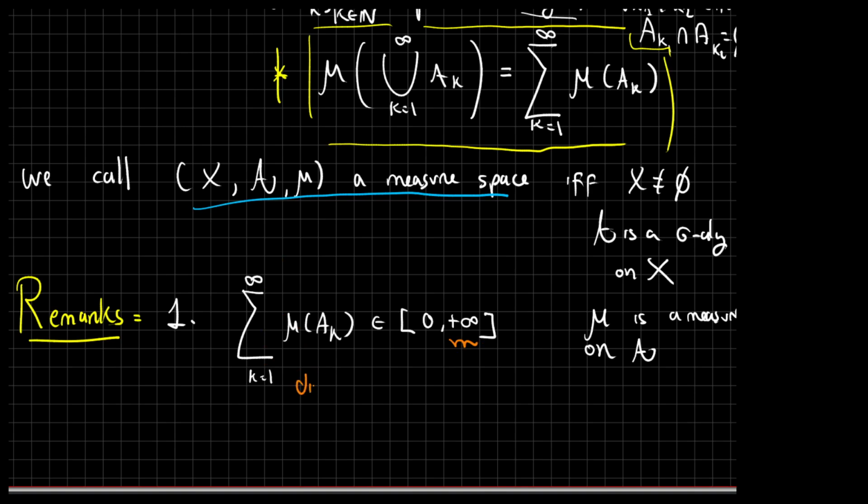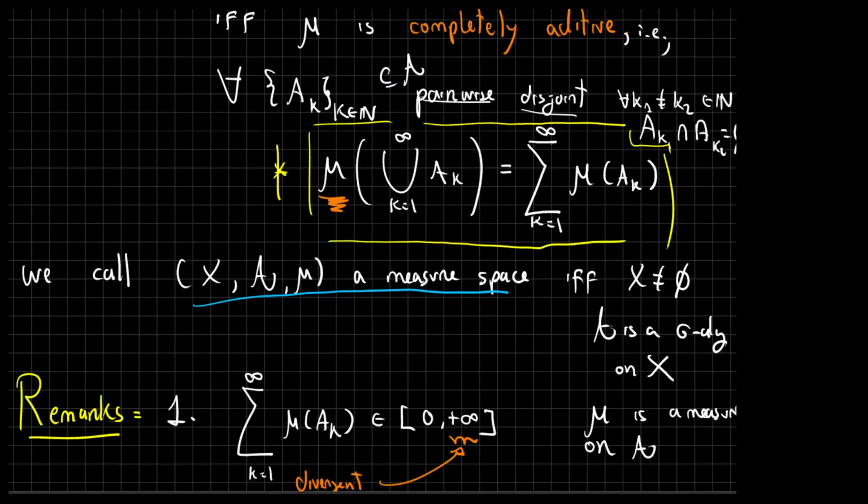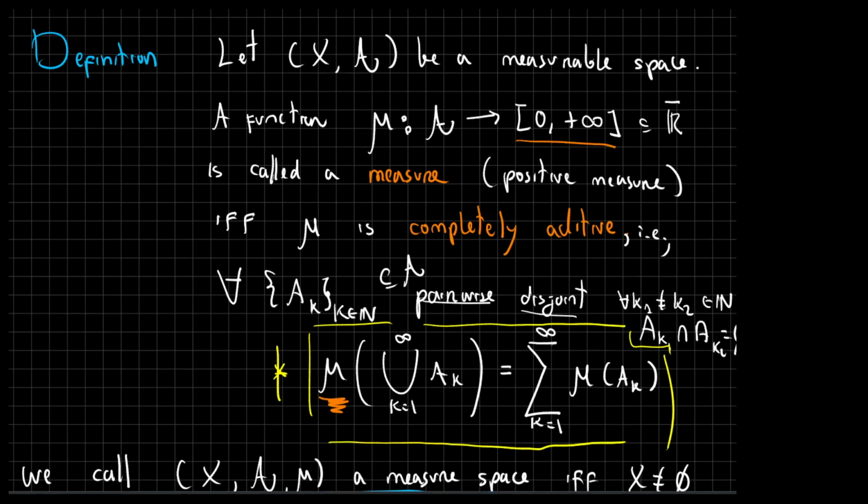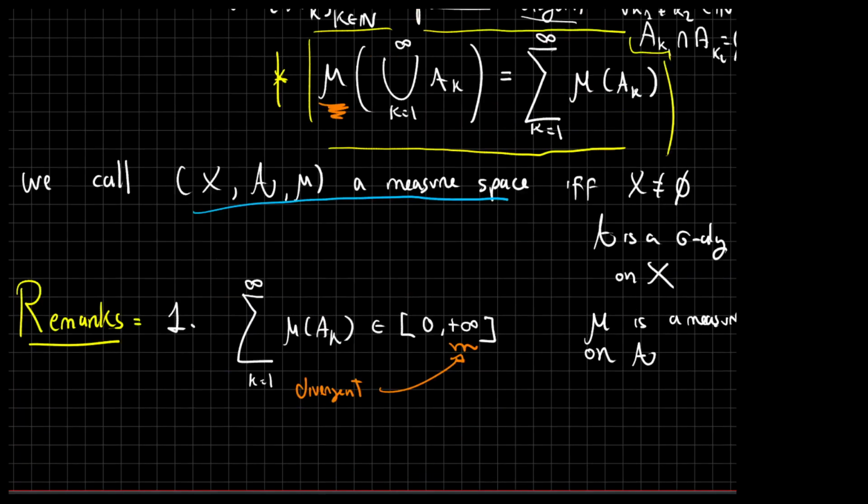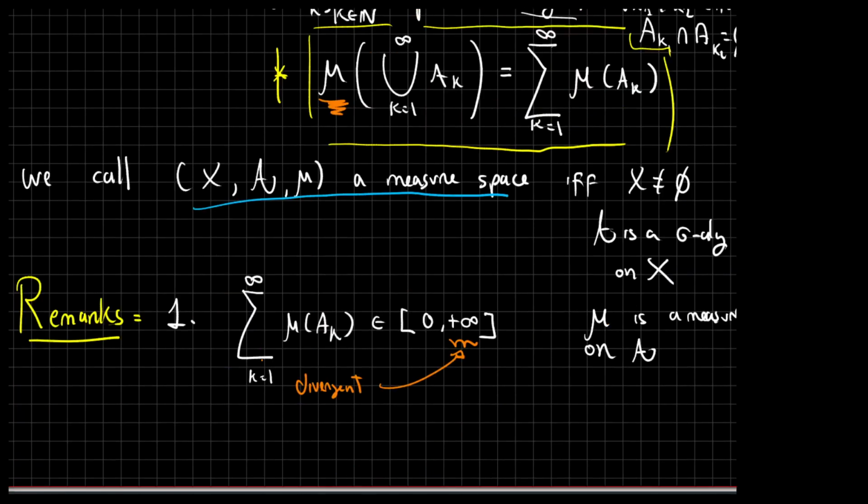It may be a divergent series. It can have the value infinity, but it cannot be a negative number, because this is equal to this term here, and you know that our measure is always non-negative. So the value of this series when it converges can only be positive, and if it's divergent, then it should be plus infinity. That's our first remark.